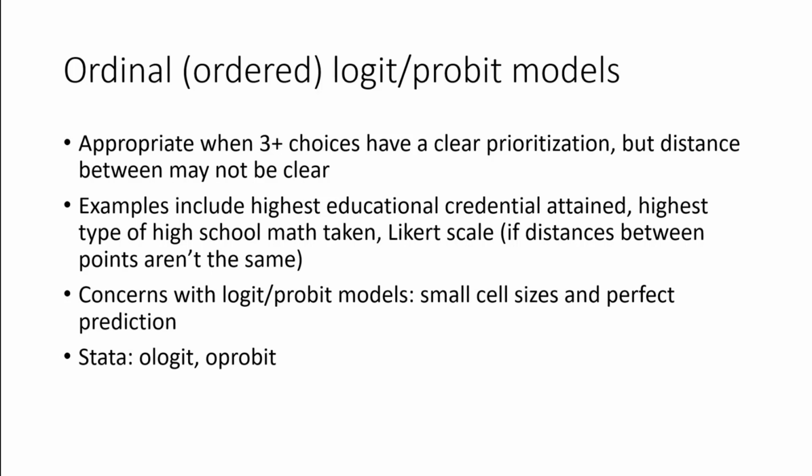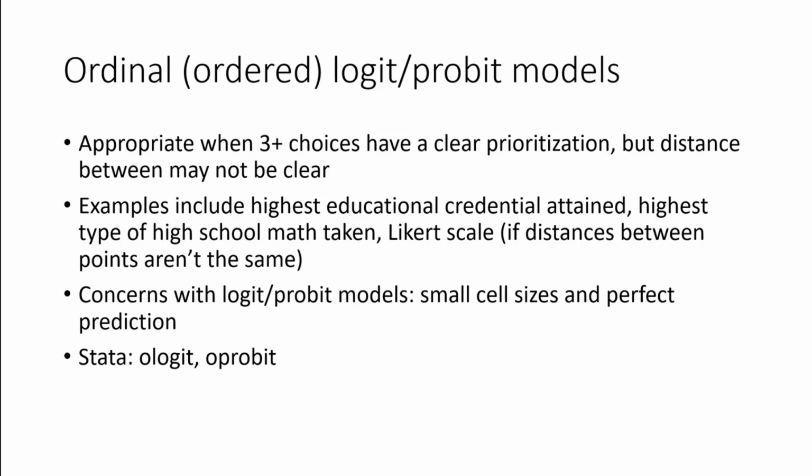And some concerns in thinking about these logit probit models in general, and as you have more choices, these concerns can grow. One is, do you have what are called small cell sizes? Do you just not have that much variation in a variable?